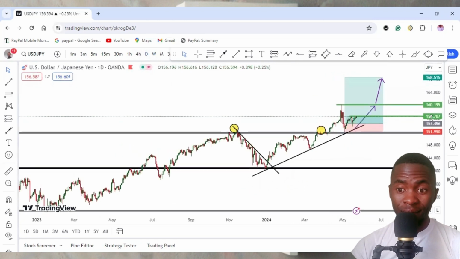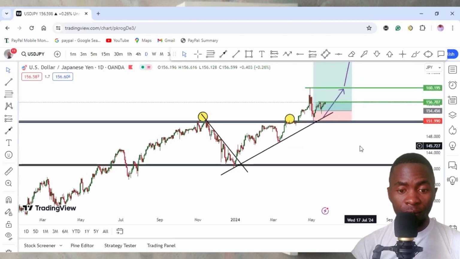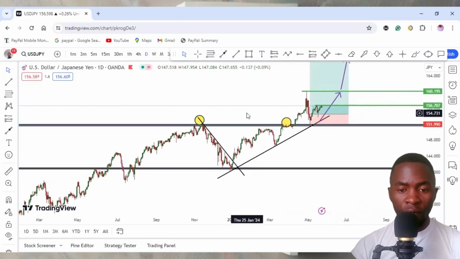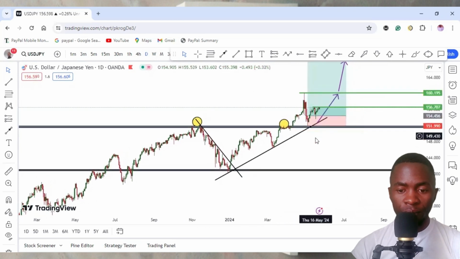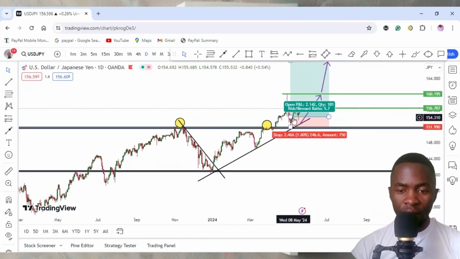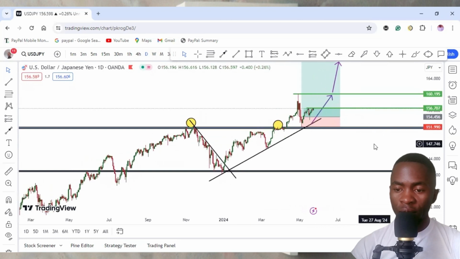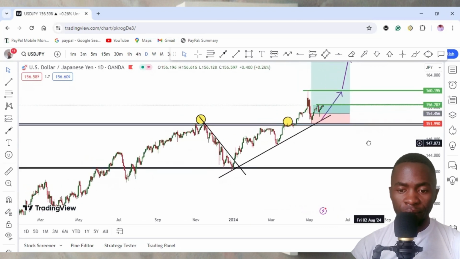Now you can see how the market has broken this zone at the top, this one with my yellow circle. After the market broke the zone, it retested the zone, and I entered my trade immediately when the market showed me some change of direction.